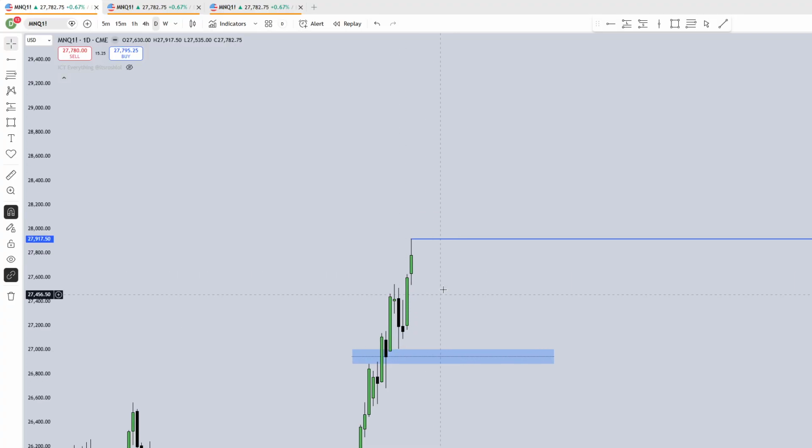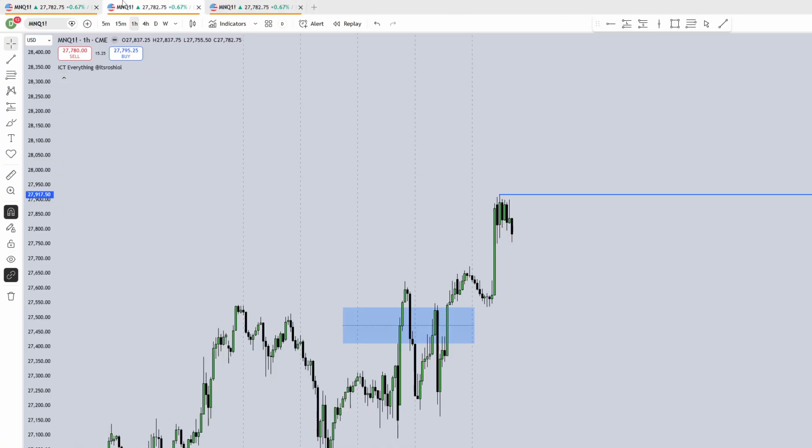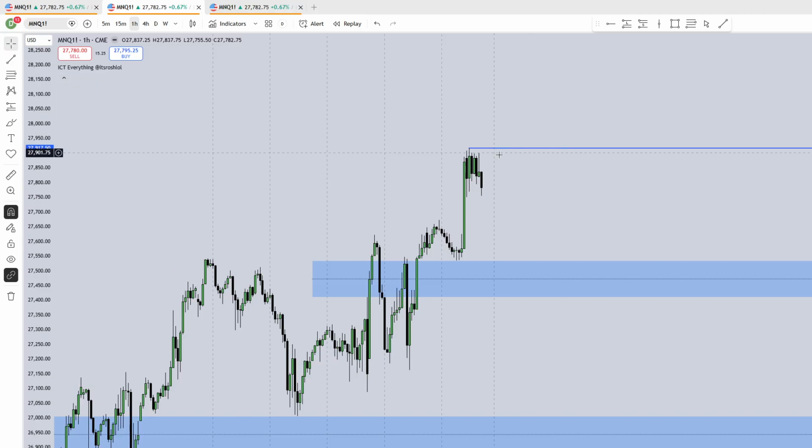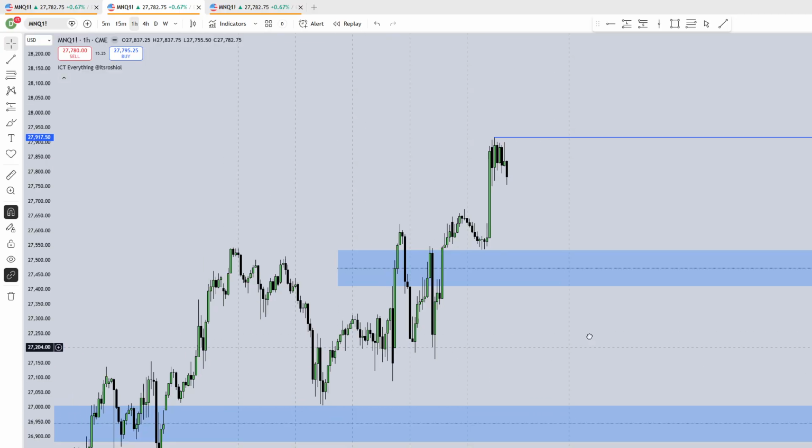That's that sell side. I can draw this imbalance here. So this is kind of the range we're in, and then I'm just going to have to wait for Tuesday morning to see what Monday does. Let Monday print. That will give us more information to see what Tuesday wants to do within this range.